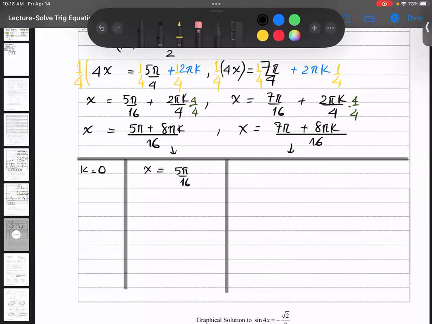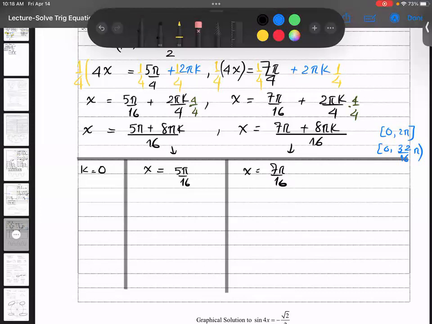Here x equals 7 pi over 16, right? Remember the angle is from 0 to 2 pi. So I'm gonna write it in terms of 16 in the bottom. So it's gonna be 0 to what? 32 divided. Can't pass more than 32.